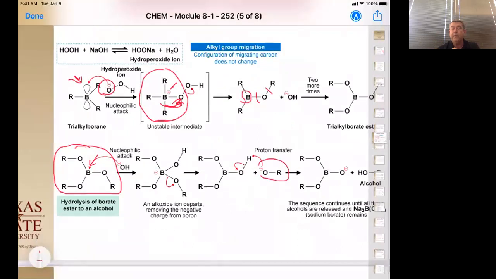And then when we protonate them, they turn into the final alcohol. Okay. Because we're going from that boron-carbon bond to that boron-oxygen carbon bond, we do not switch our stereochemistry. Okay. So it's syn addition, and that hydroxide stays in that syn addition spot.